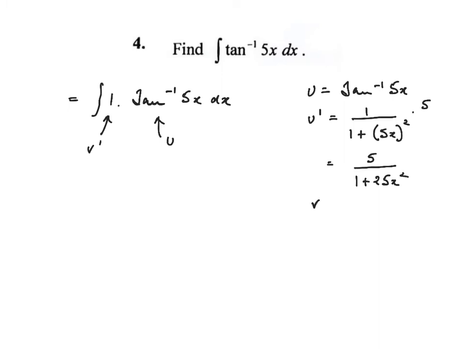V dash is 1, and that means that v is x. So it's uv, so it's x times tan to the minus 1 of 5x minus v u dash.